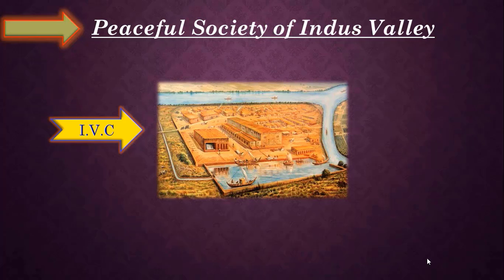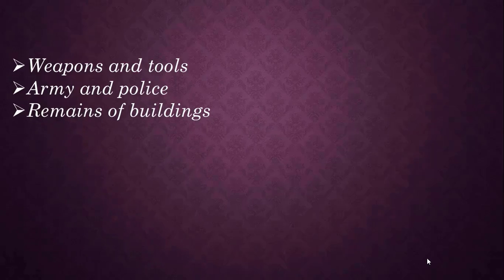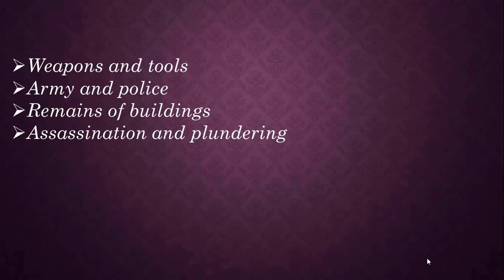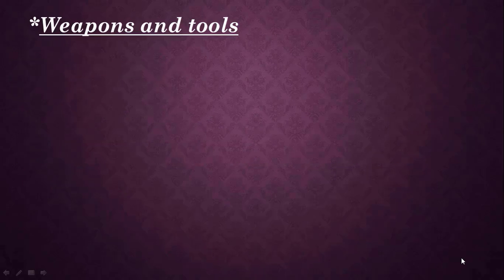So what we are going to discuss is weapons and tools, army and police, remains of buildings, assassination and plundering, and relations with neighbors and contemporary civilizations. Let's discuss all of these one by one.